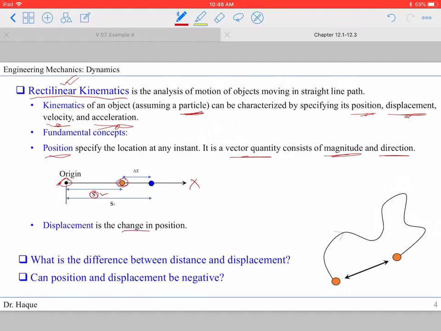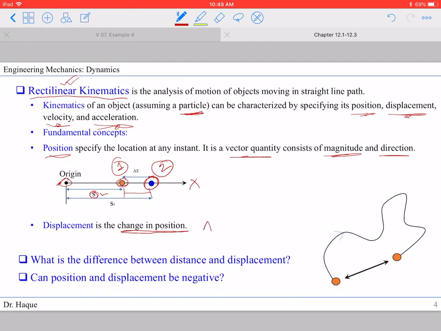Displacement is the change in position. If my particle was here at the beginning, position 1, which has a position from the origin of s, and after some time it was at position 2, the change in position is the displacement.